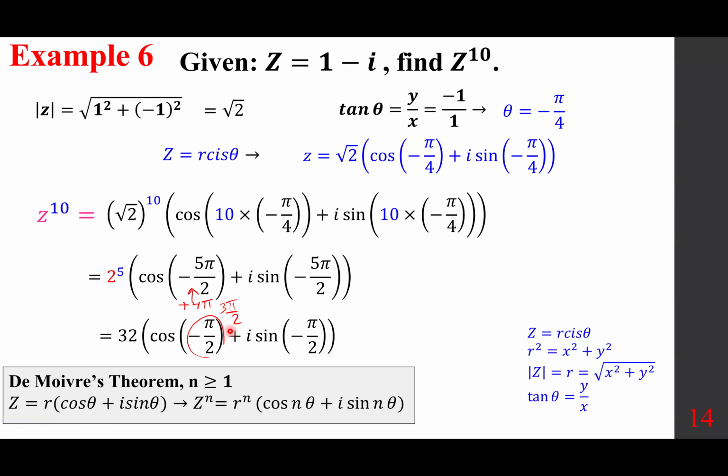Cosine of that is 0, okay? And sine of that is -1. So you should know that this is 0, this is -1, so it makes it -32i.